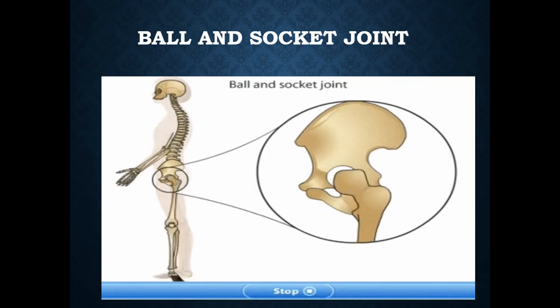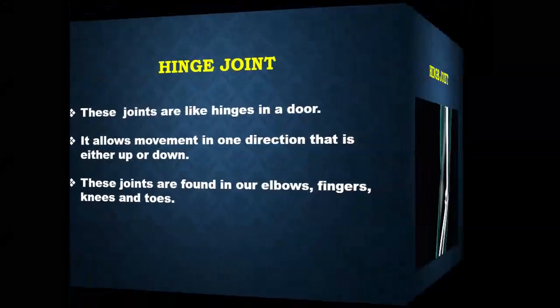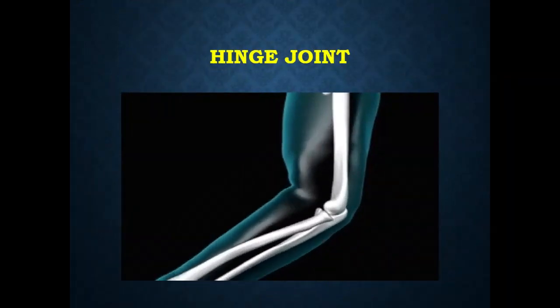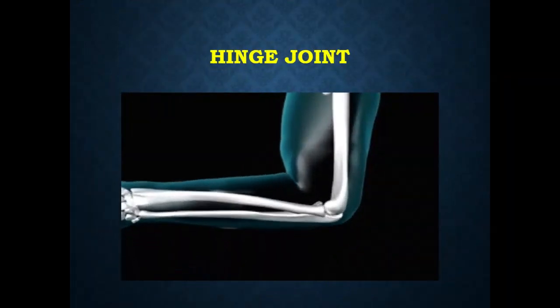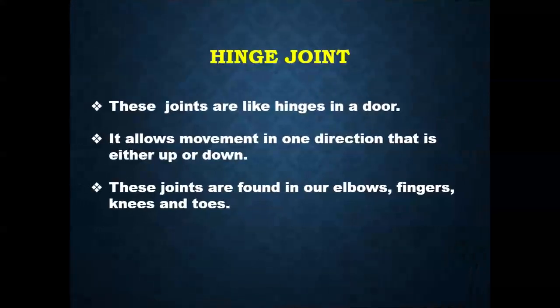Now we have the hinge joint. Children, these joints are like hinges in the door. I hope you all must have seen that. As you can see in this picture, the hinge joint allows movement in one direction, that is either up or down.